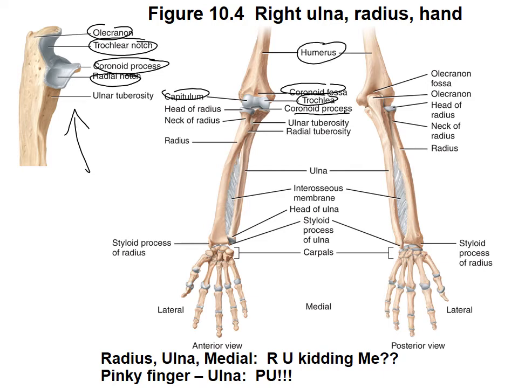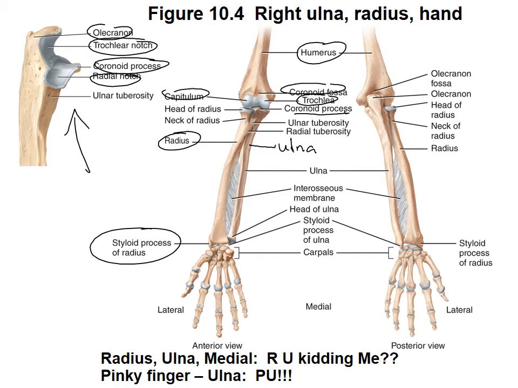Here's the humerus up here, here's the ulna, and then the radius on the lateral side. You have the styloid process of the radius, which is always on the lateral side, and the interosseous membrane, and then you have the ulna.